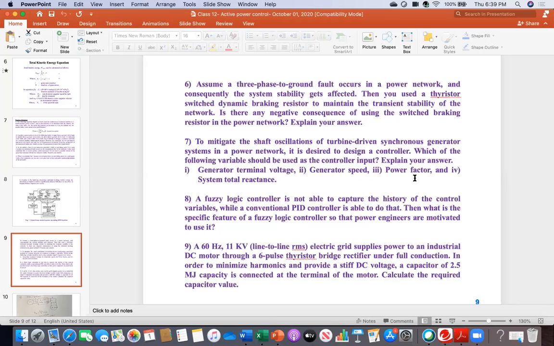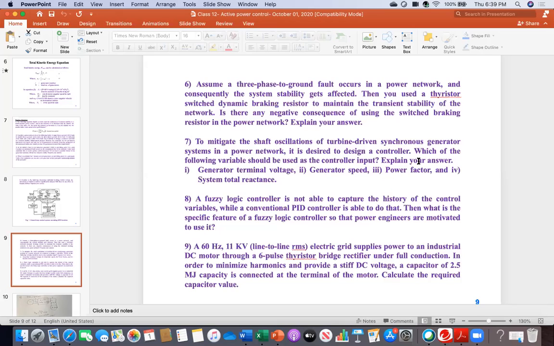That's why I am not choosing the power factor or the terminal voltage, because options 1, 3 and 4 are interrelated. Those are kind of reactive power compensators, so they will help somewhat. Kamana, you are right, somewhat, but the appropriate answer would be generator speed.